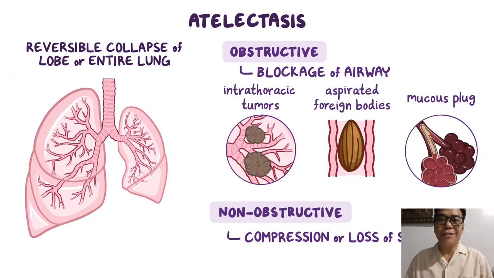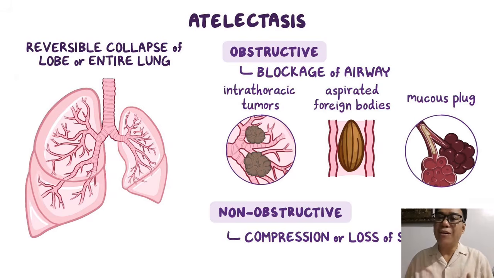Other possible etiology is it could be secondary to bronchospasm. Okay, sometimes tumor also could lead to airway obstruction, and because of that there will be decreased oxygen going inside our body.